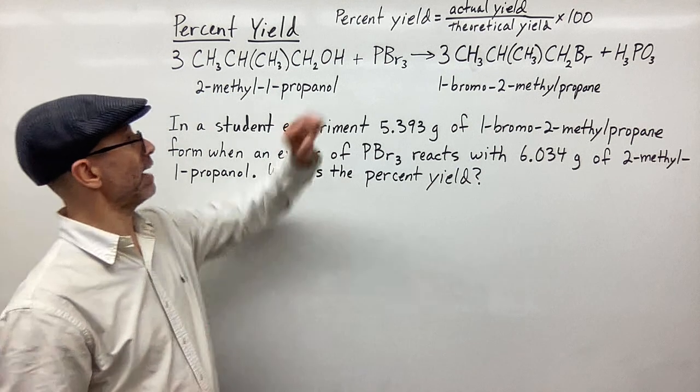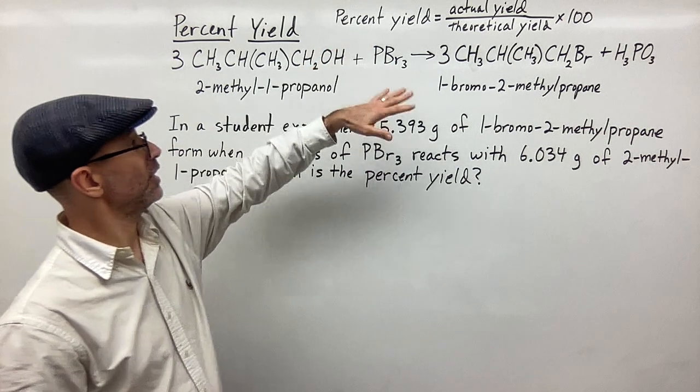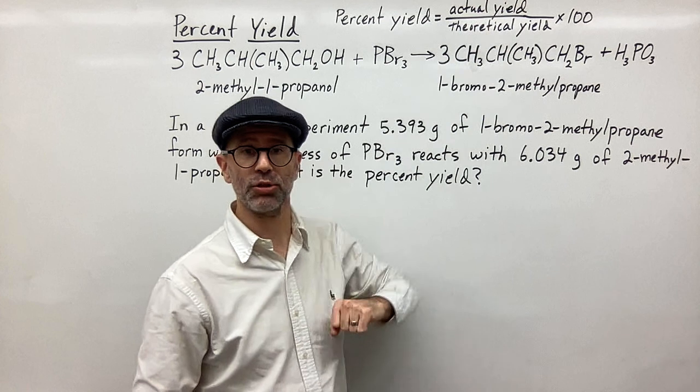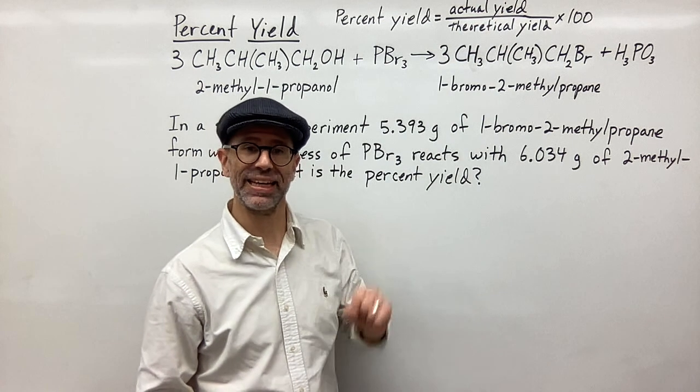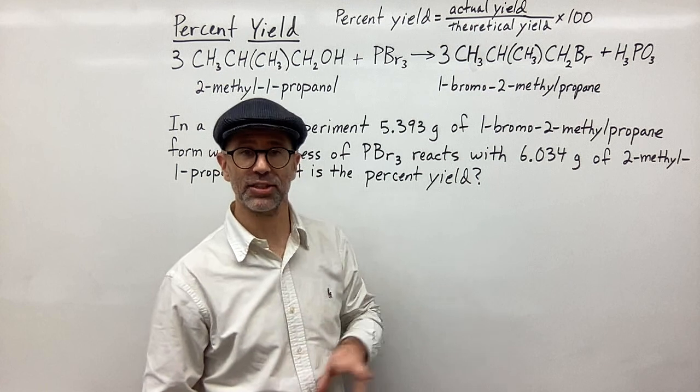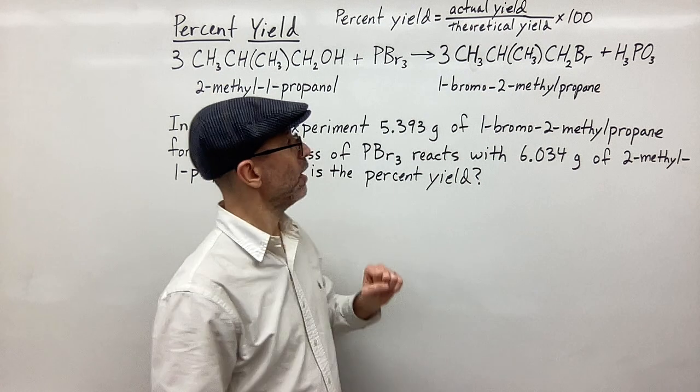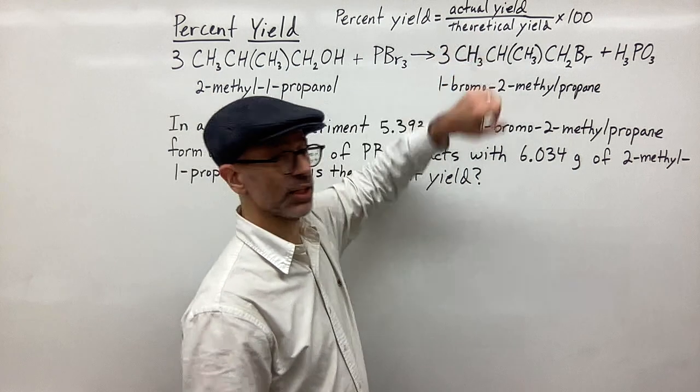And so up here I have the equation. Percent yield is going to be the actual yield. The actual yield is the yield you actually get in the lab. This is reality. This is what you really get in the lab versus the theoretical yield, right?